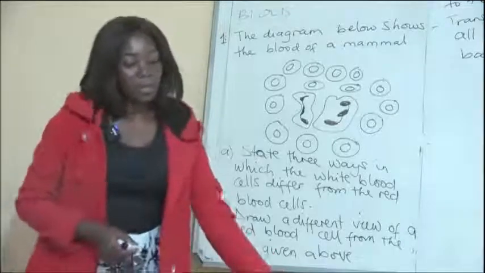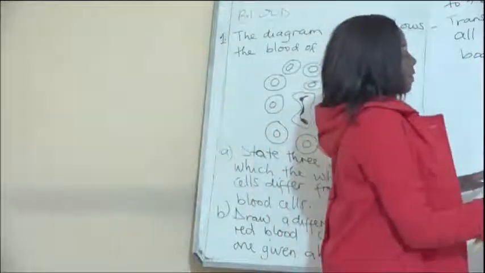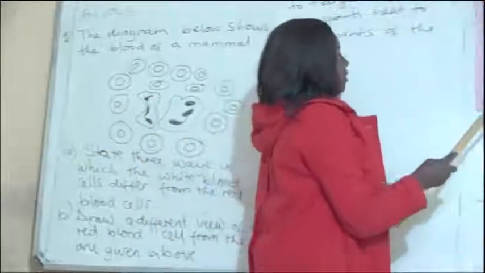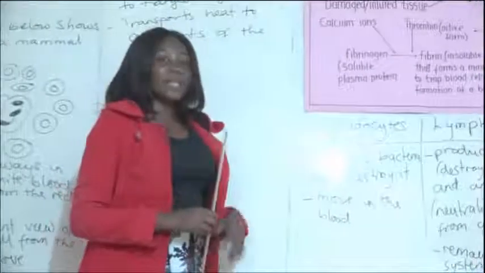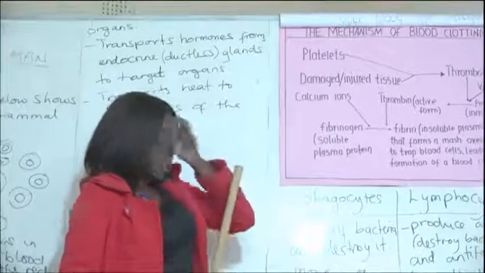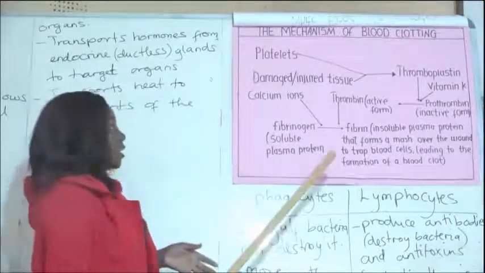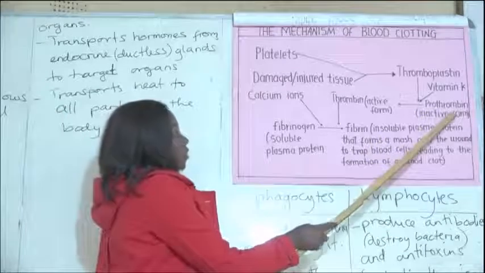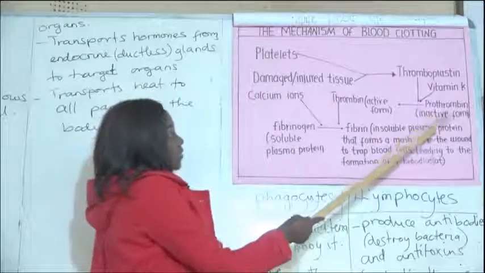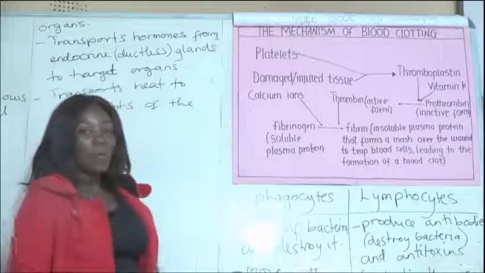Okay, platelets are fragments formed from the manufacturing of red blood cells and they help in the process of blood clotting. I said that when platelets are exposed to a damaged or injured tissue, they produce an enzyme called thromboplastin or thrombokinase, which in the presence of vitamin C catalyzes the reaction of converting prothrombin, an inactive form, to thrombin, which is an active form of a plasma protein.